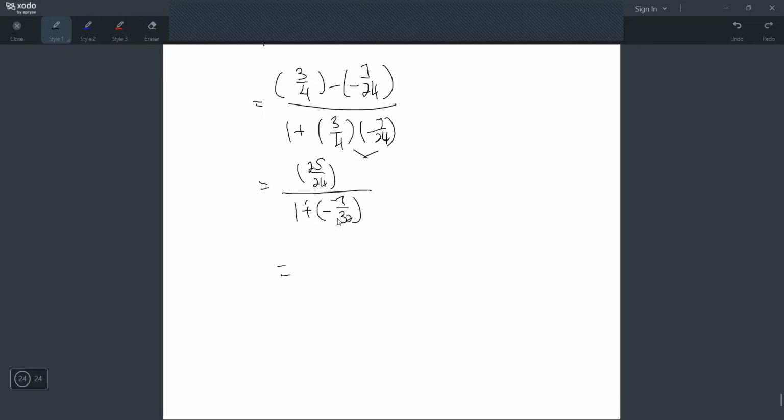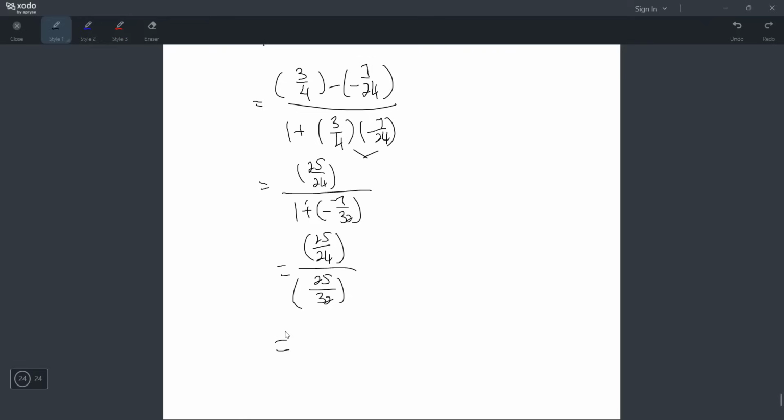And then 1 plus minus means 1 minus. So 1 minus answer, 25 over 32. So this one is 25 over 32. But make sure you put brackets nicely, because if you don't put brackets, the calculator will give you the wrong answer. So now let's press bracket 25 over 24, close bracket, divide, open bracket 25 over 32, close bracket.